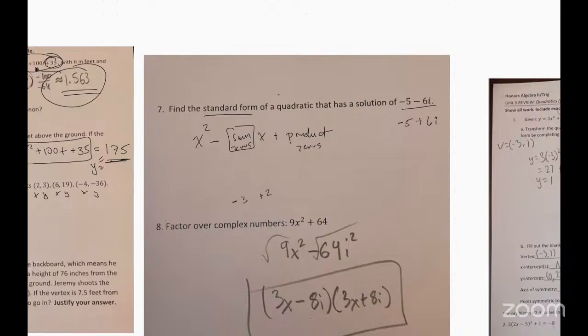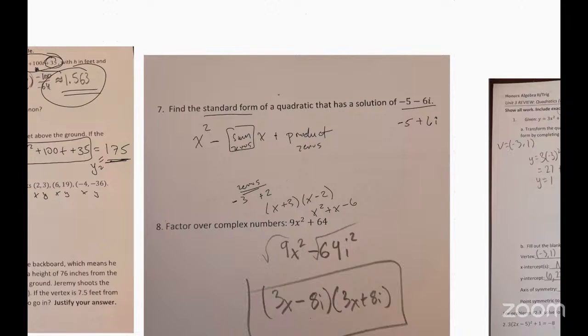It would be x plus 3 times x minus 2, which would equal x squared plus x minus 6. So notice something about this. The sum of my zeros is -1.